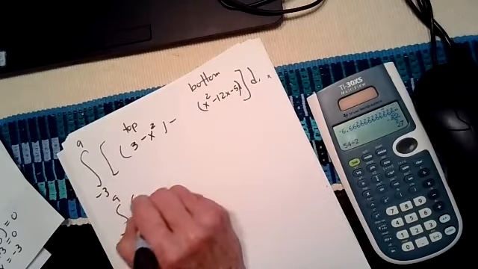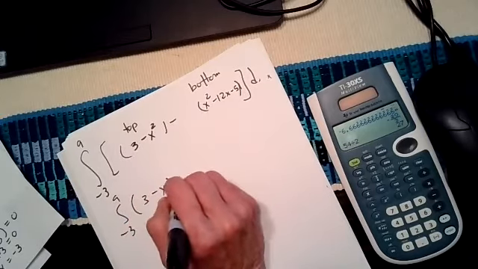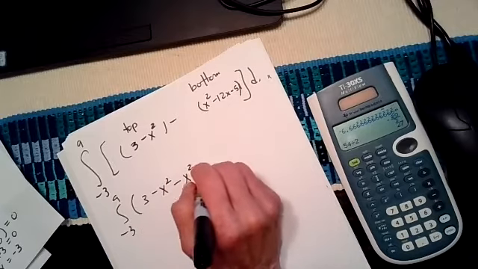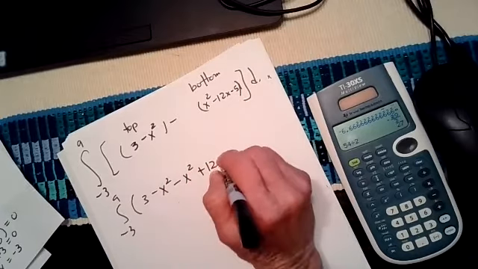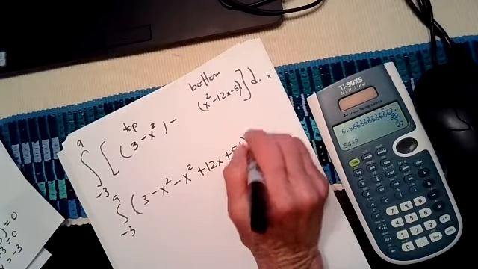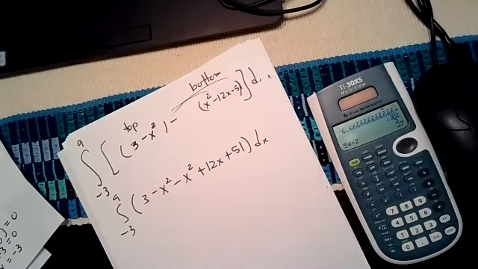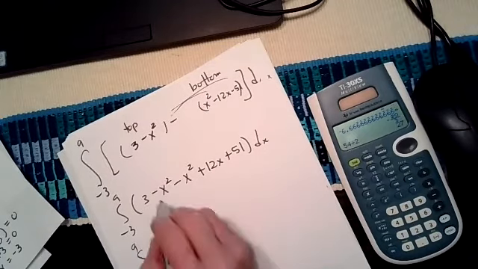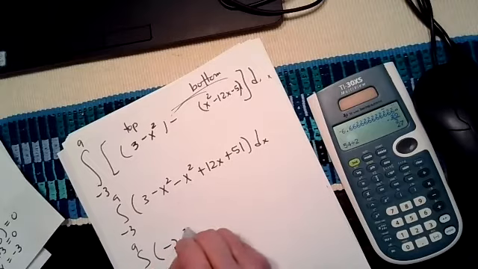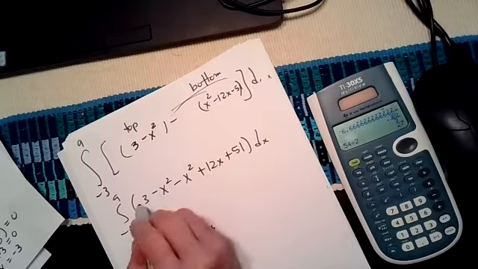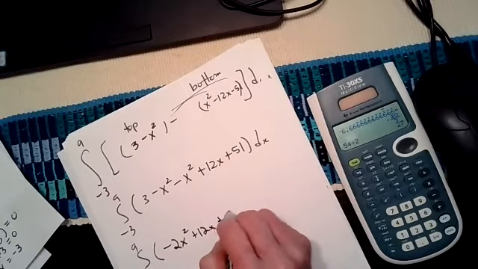Let's do 3 minus x squared minus x squared plus 12x plus 51. Remember, we distribute that negative, and then we combine terms. And I'm going to get minus 2x squared plus 12x, and 51 plus 3 is plus 54.